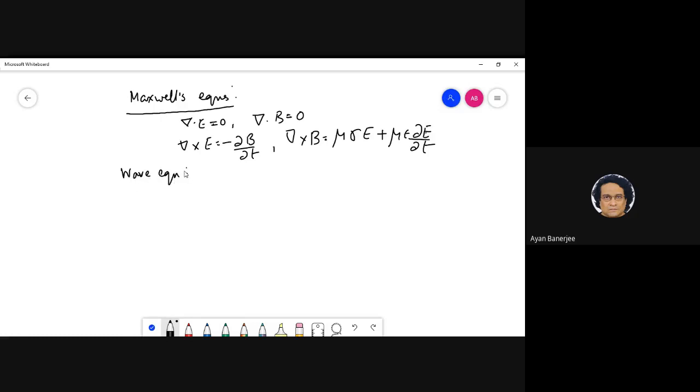How do I typically construct the wave equation? I just take a curl of this one, right? That is the most standard way.